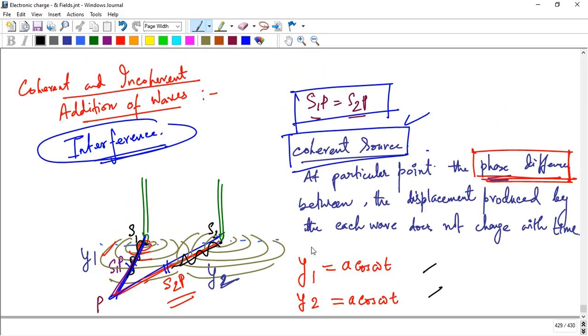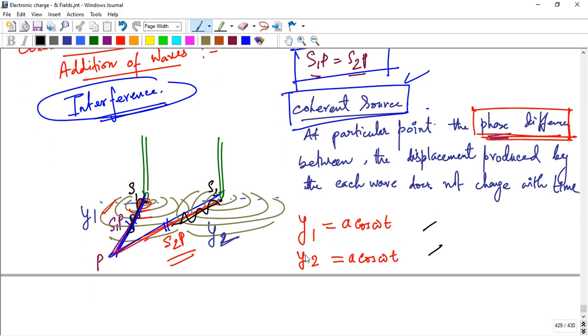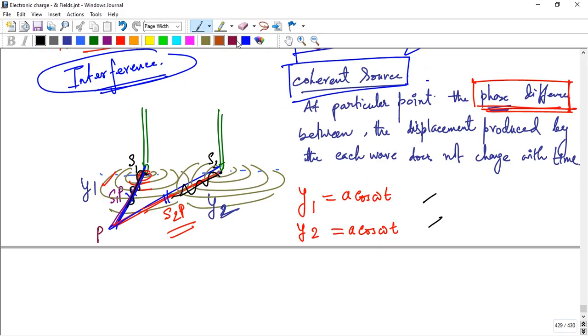If they interfere, they are vectorially added.